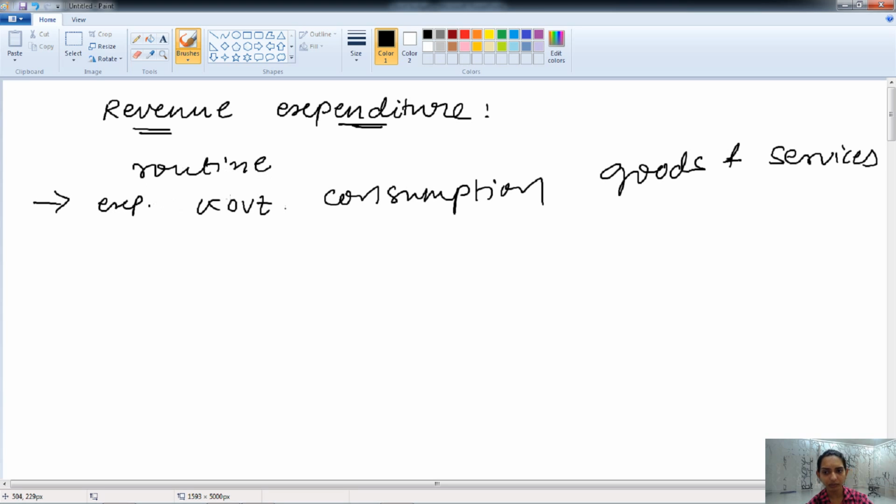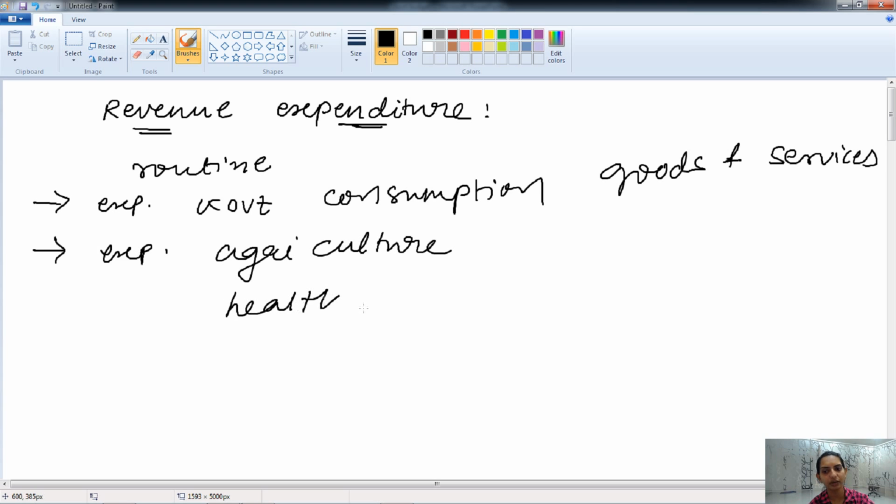One of the revenue expenditures is the government consumption on goods and services. Then the next one is the expenditure made by the government on the agricultural sector, other industrial sectors, or for health, education, etc.